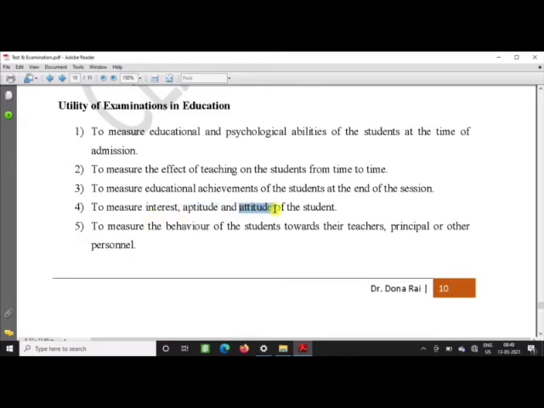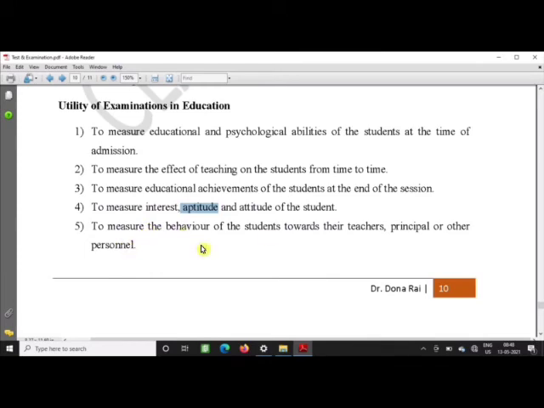Attitude means inclination, likeness towards the subject of music, but they should have aptitude, they should have something in them which will tell us that the student will learn music. So these are the things that can be measured through examination.